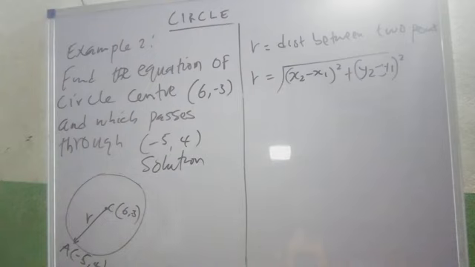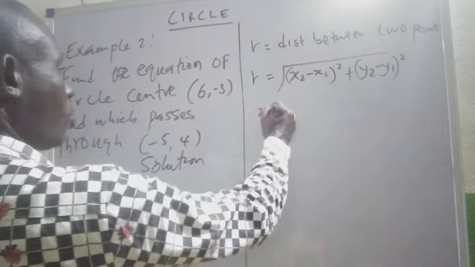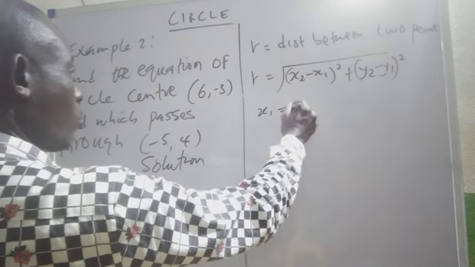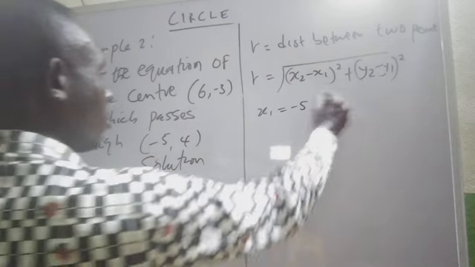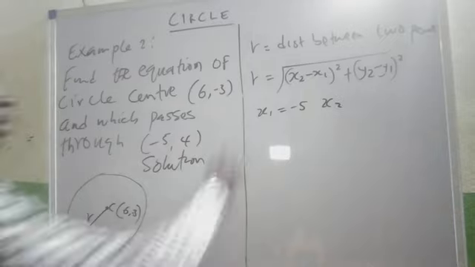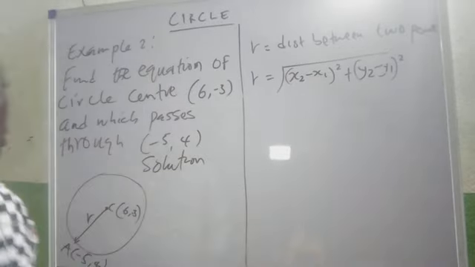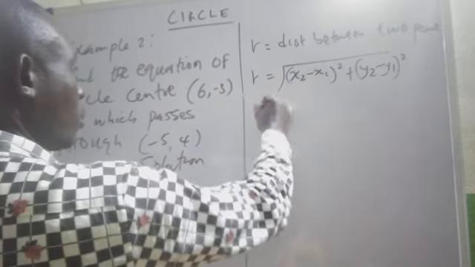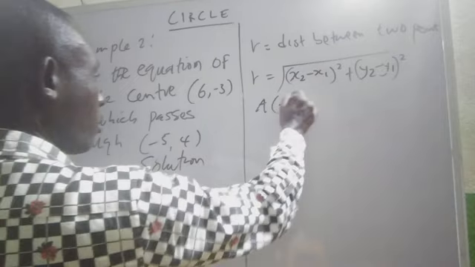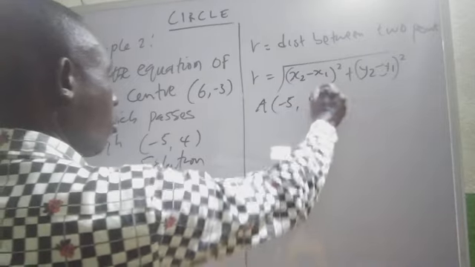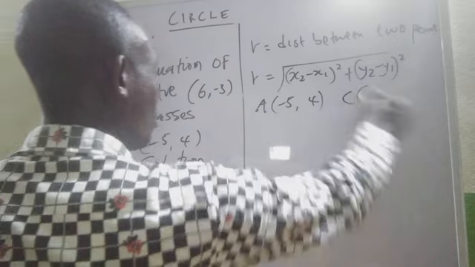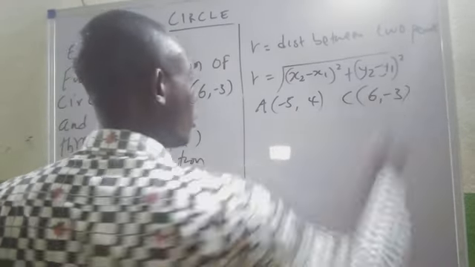Remember the points: point A (-5, 4), then you have C (6, -3).